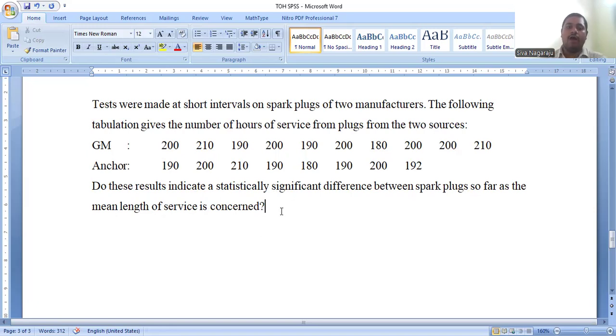Okay, now we have to build the hypothesis. Whenever you perform a test, you have to build the hypothesis. Generally, we write the null hypothesis. Can anyone of you say what the null hypothesis is in general? We say that it's H naught.